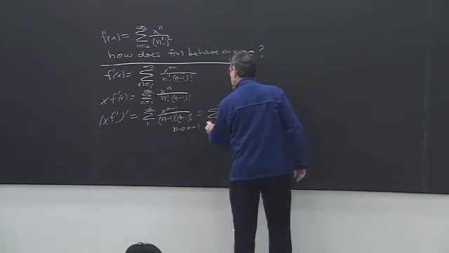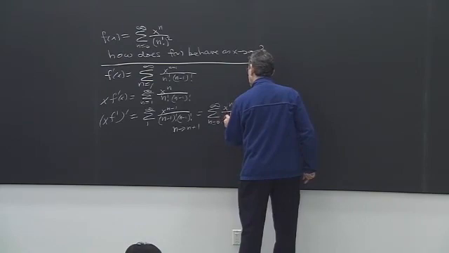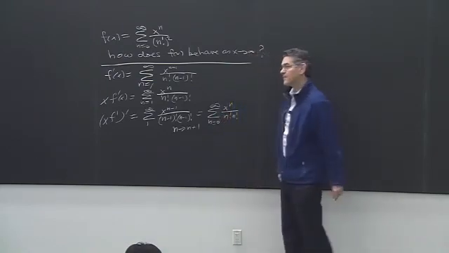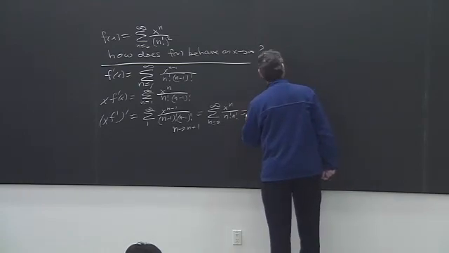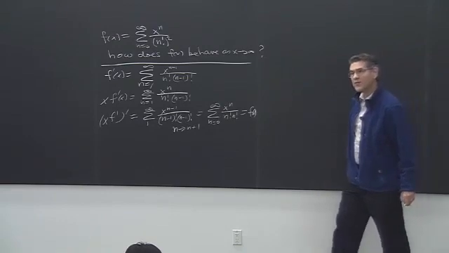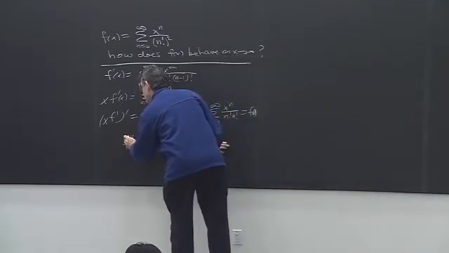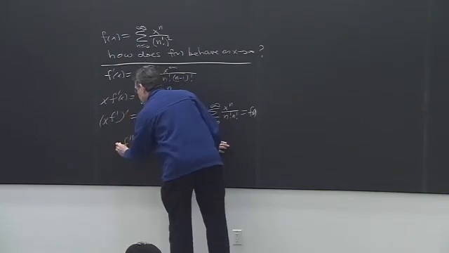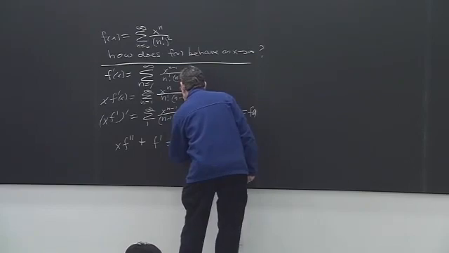That gives us the sum from n equals 0 to infinity x to the n over n factorial n factorial. That's just f of x. So f of x satisfies the differential equation x f prime prime plus f prime is equal to f.